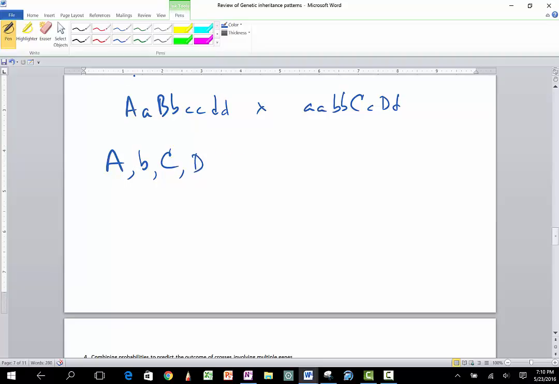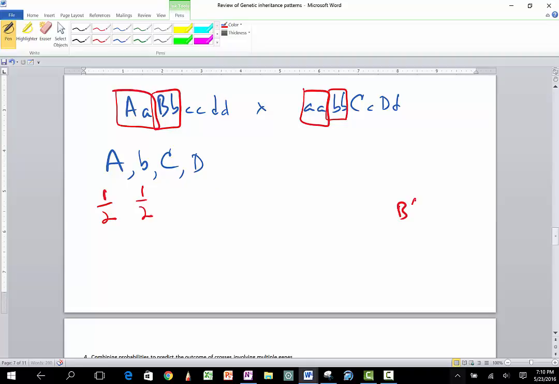Well, the probability of getting A, we analyze this cross. Big A times little a. The probability of getting this big A phenotype is 1/2. We analyze this cross by itself, the probability of getting little b phenotype is also 1/2, right?